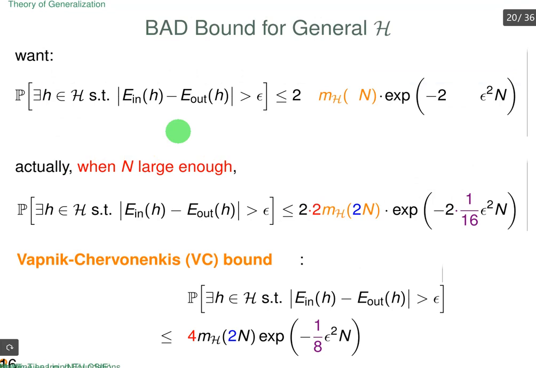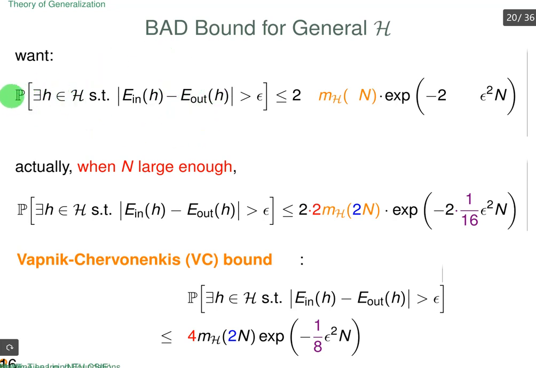So far, we've been talking about the effective number of hypotheses, and we talked about the grouping by kind, and we talked about the growth function definition, with the hope that we can find a good candidate to replace M. M is the total number of hypotheses, which could be quite large, so we call this a loose or bad bound.